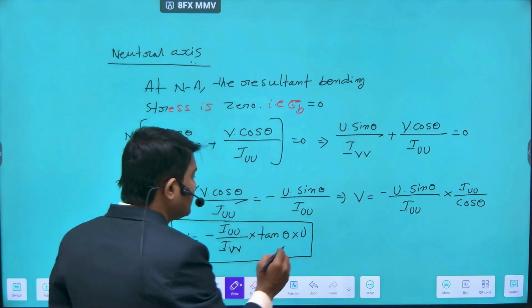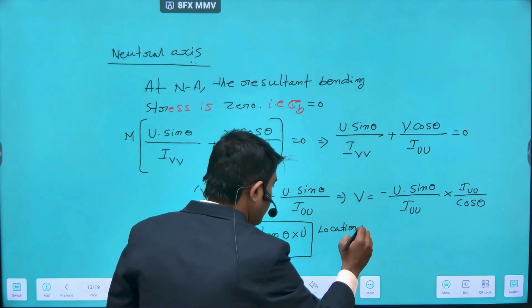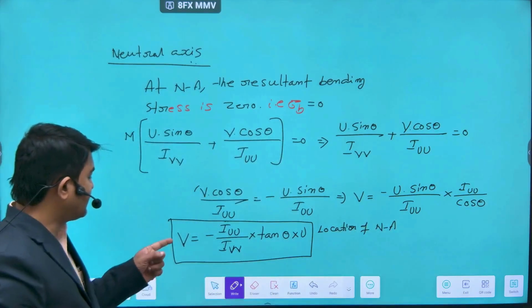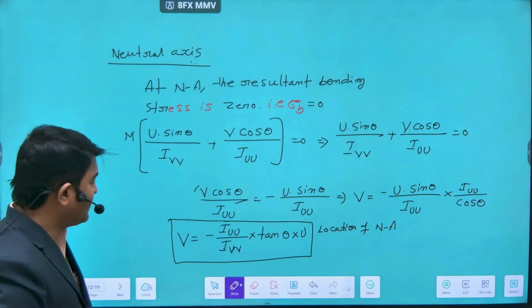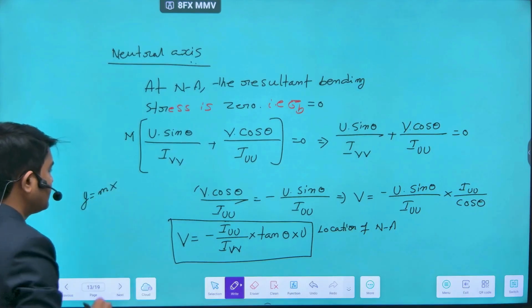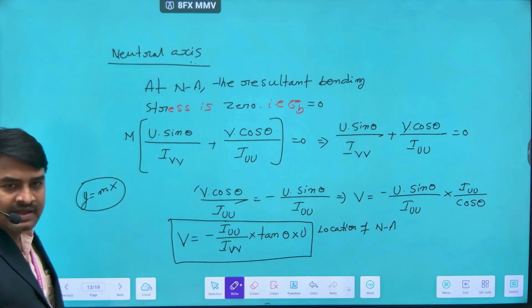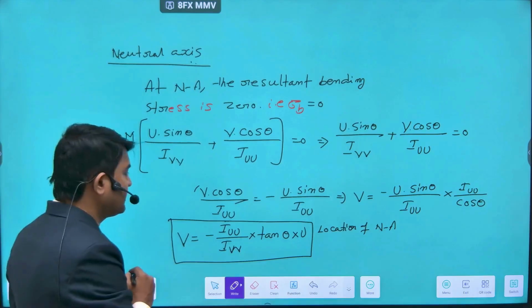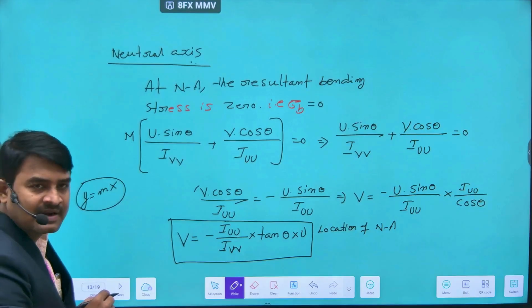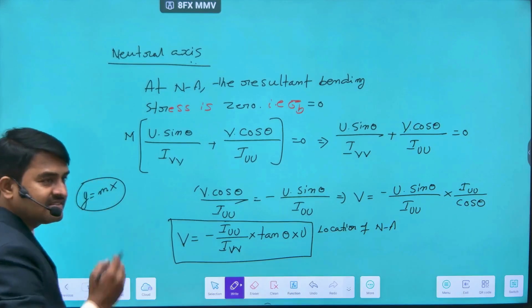So this is the location of the neutral axis. Further, you can simplify this equation in terms of y is equal to mx. This is the straight line equation, y is equal to mx. Here y is nothing but the coordinate in the vertical direction, and m is nothing but the slope.